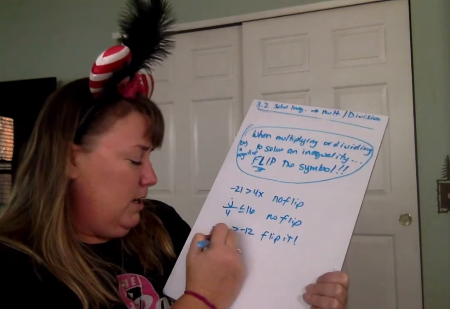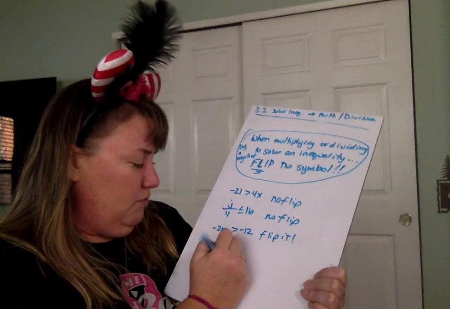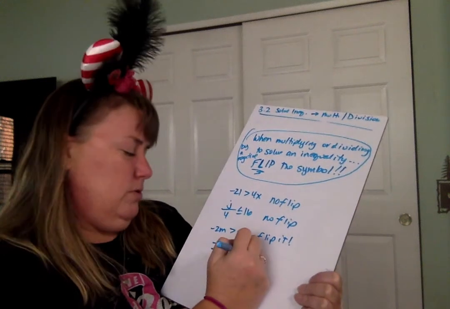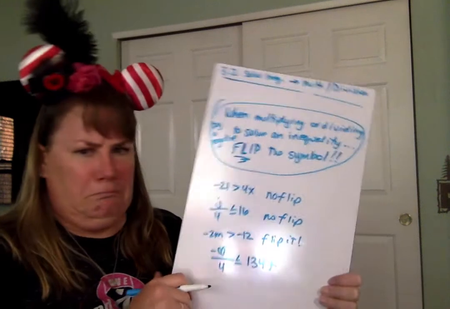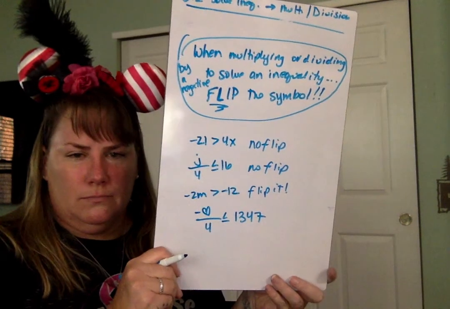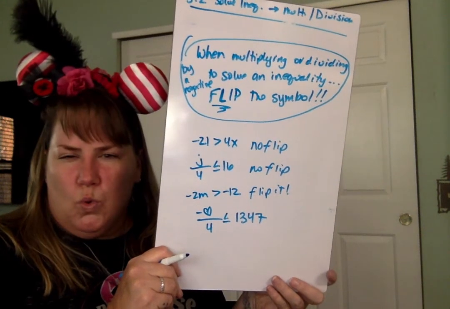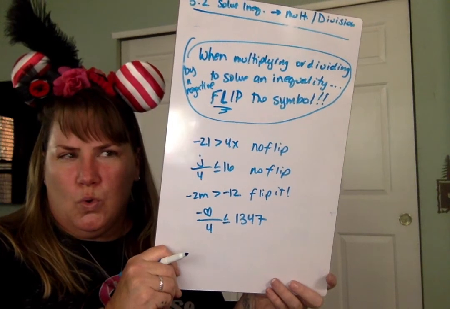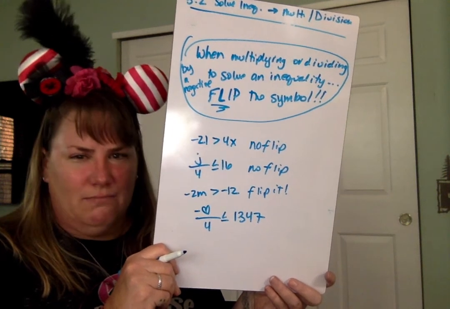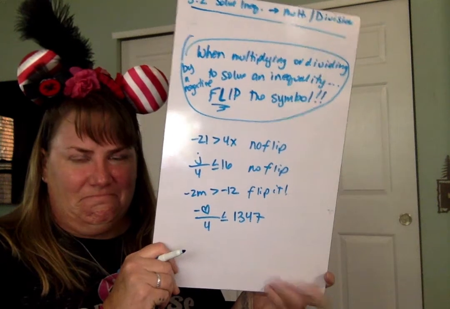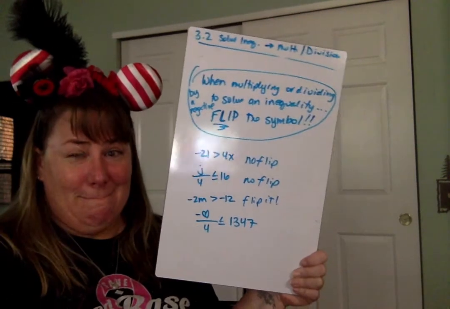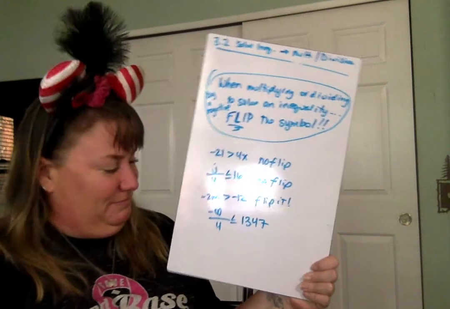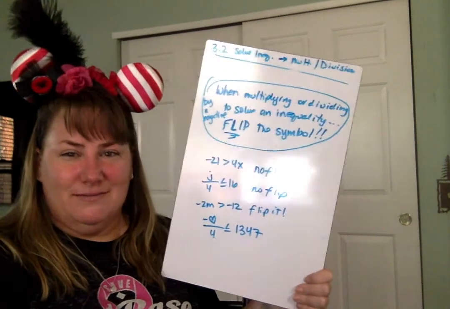Okay, here we go. Negative heart over 4 is less than or equal to 1,347. Ooh. That one's tricky. Why is this so tricky?